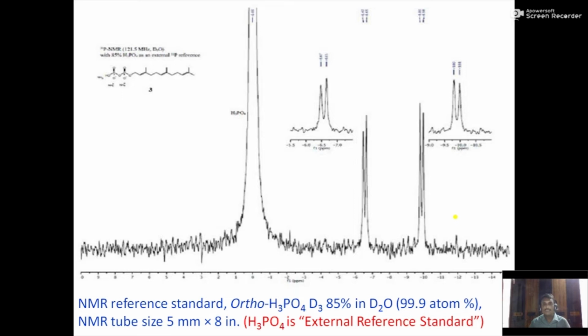The TMS is internal reference standard, that you have to keep in mind, and orthophosphoric acid, which is prepared in D2O, its concentration is 85%. This is the external reference standard, because if you use it as internal reference standard, it may interact with your sample, so don't use it as internal reference standard.